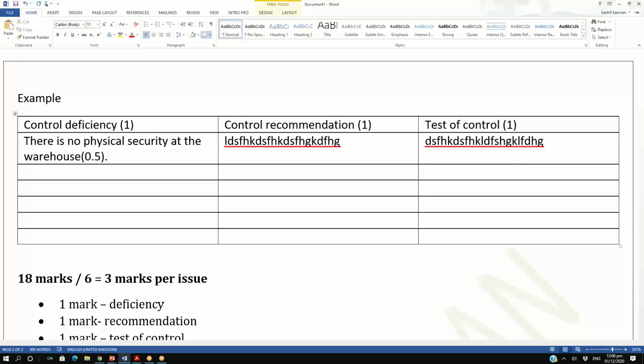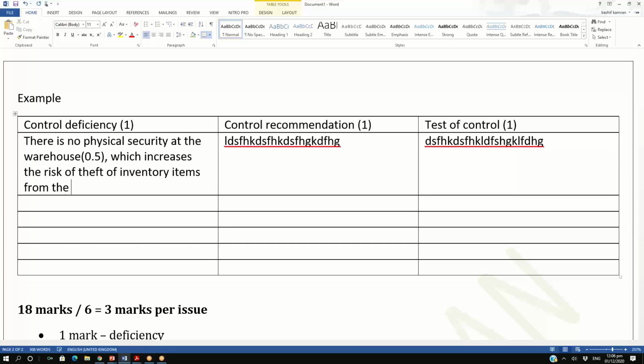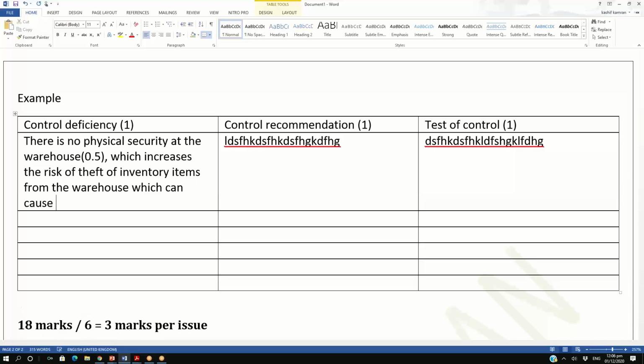So I'll say there is no physical security at the warehouse, which increases the risk of theft of inventory items from the warehouse, which can cause substantial losses to the business. And I wrap up my point.